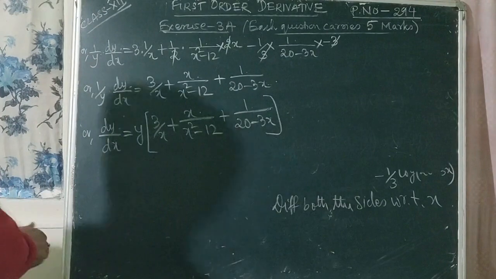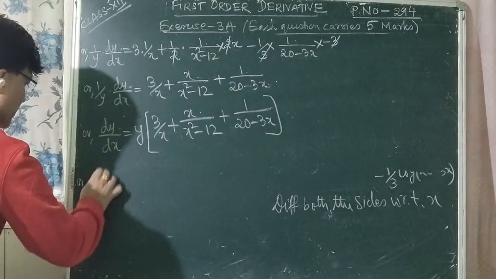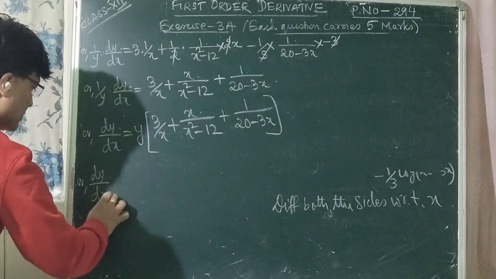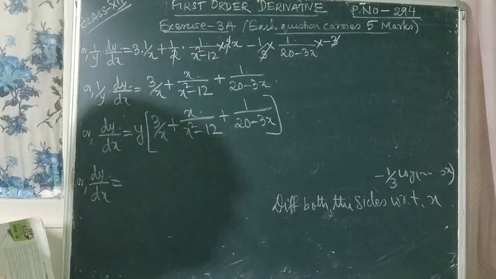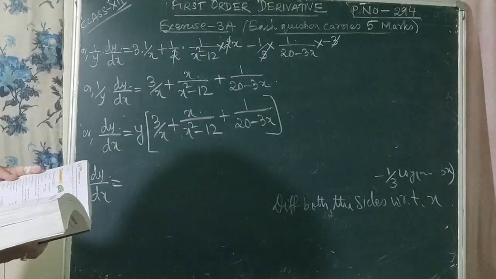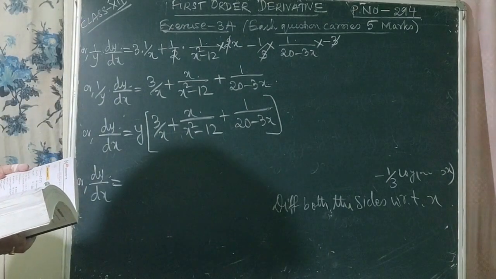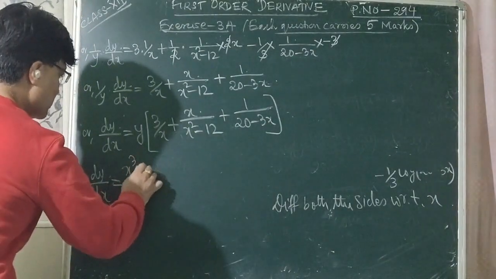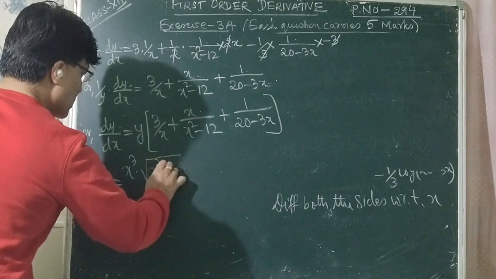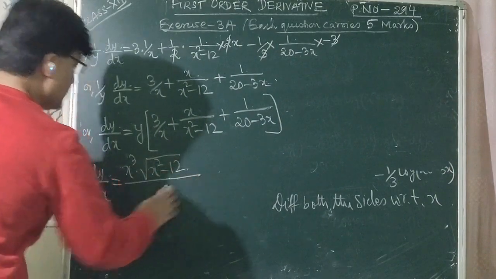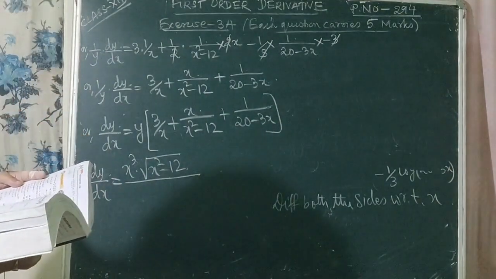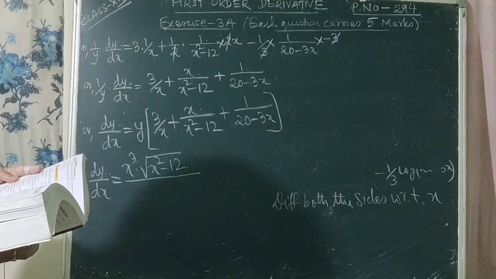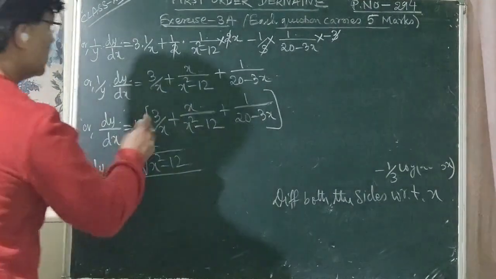Now we have to put the value for y. So what was y actually? The value for y here is x cube into square root of x square minus 12 divided by cube root of 20 minus 3x.